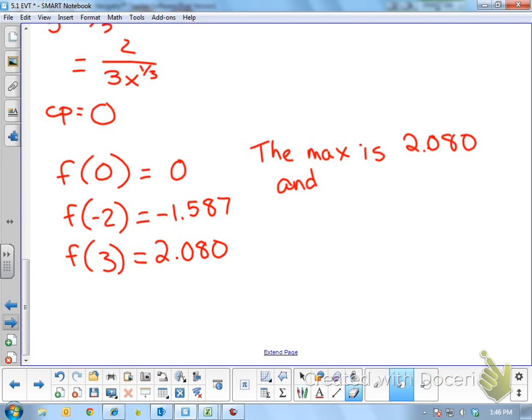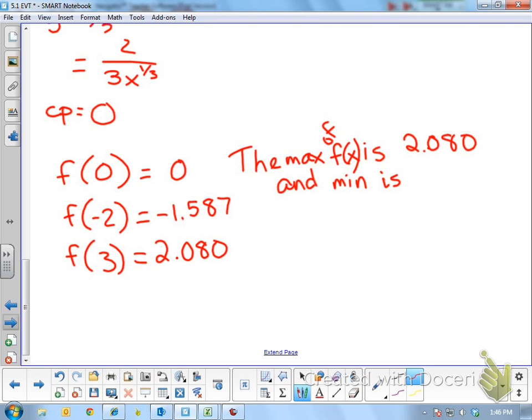The max of what? f of x. We've got to start practicing this now. I'm out of practice from last year because we haven't had to be this specific yet this year. We need to state that the max of f of x is 2.080, and the min is -1.587.